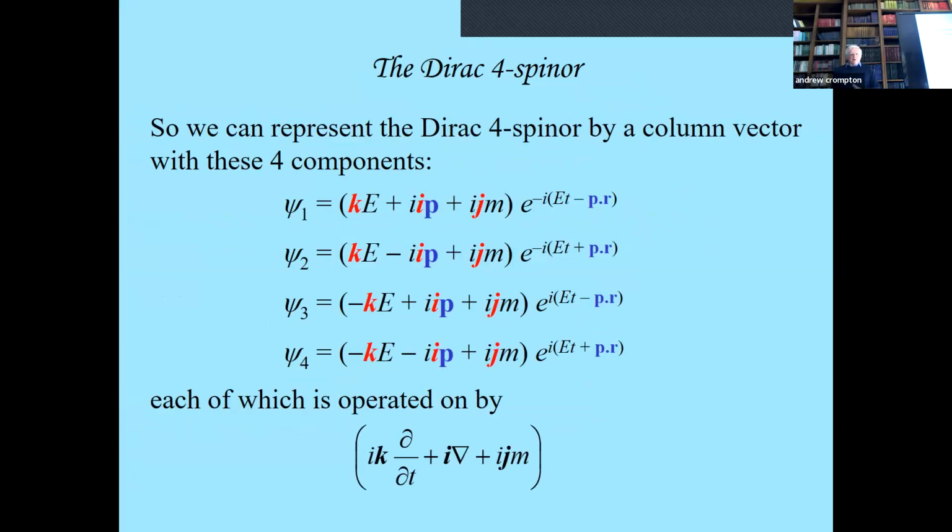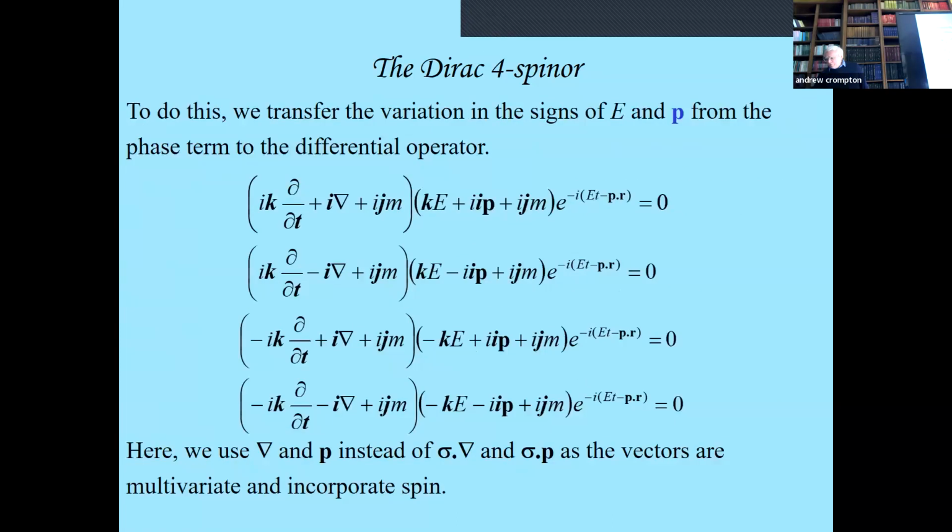And each of these will be operated on by that operator. And you notice that the 4 phases, the e to the i terms, are all different. And the 4 amplitude terms are all different as well. But the operator is the same. Now we're going to do something that's going to change that.